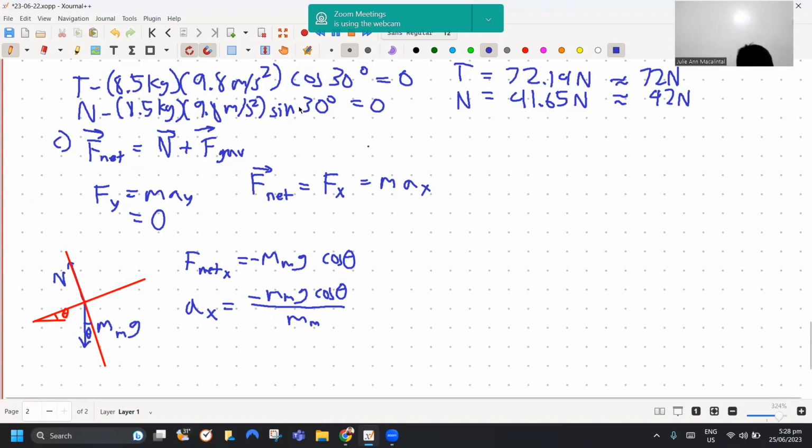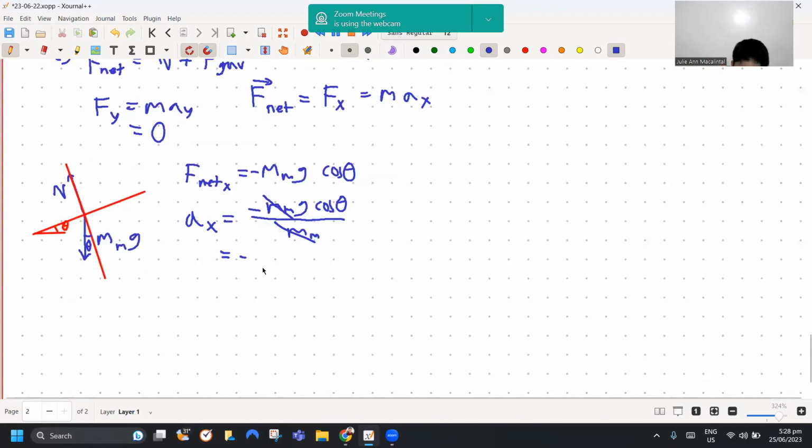Or, if you simplify that, ano yan? So may cancellations na mangyayari. So lahat ng pwede mag-cancel muna, i-cancel mo. So AX is symbols muna.